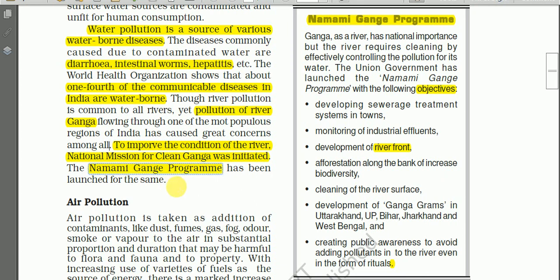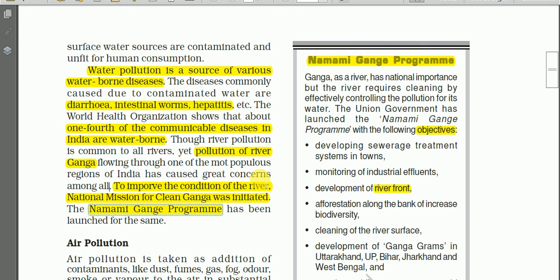The Namami Gange program has been launched to control pollution of the Ganga River. This is a new edition. In the old edition textbook, you will not find this Namami Gange program.